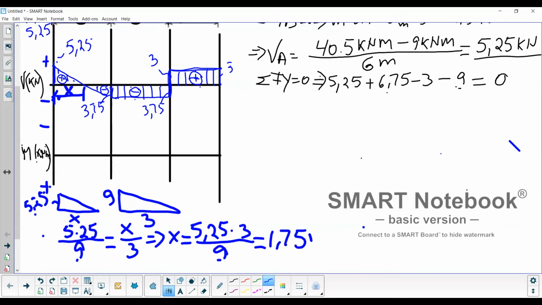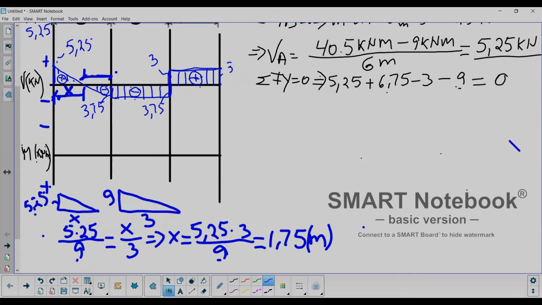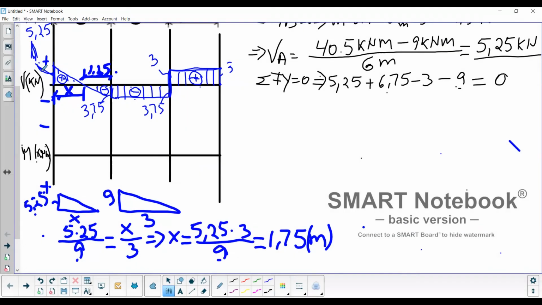1.75 meters, which means the other side right here is 1.25. So area number 1 is 5.25 times 1.75 divided by 2, and you get 4.6 by doing the math.